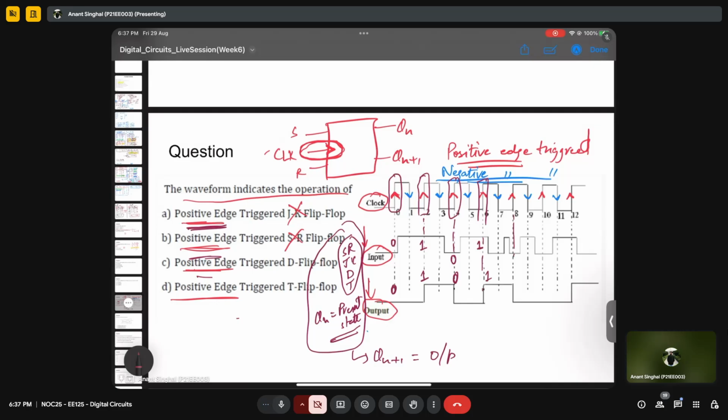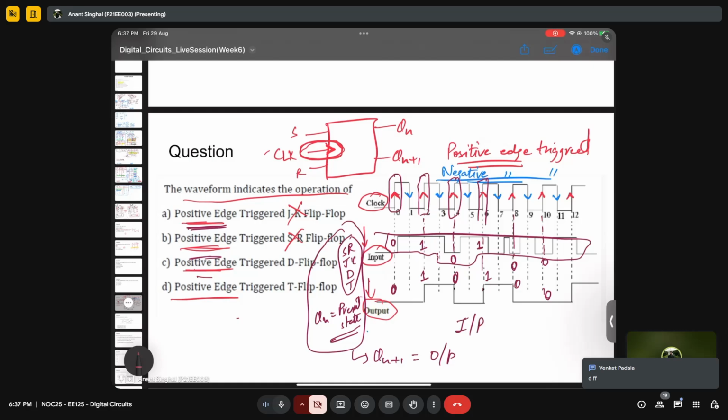Now here the input is 0 and the output also changed to 0. At the last it is 0 and it still remains 0. So can you see that whatever the input is, it equals the output? Positive edge, answer C.